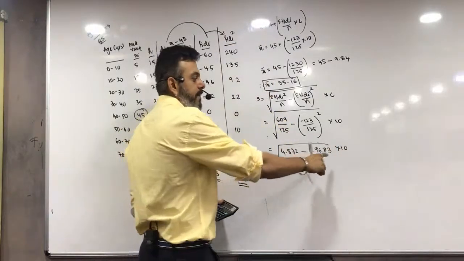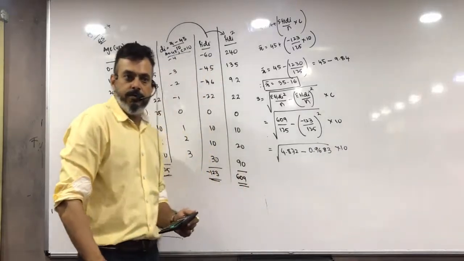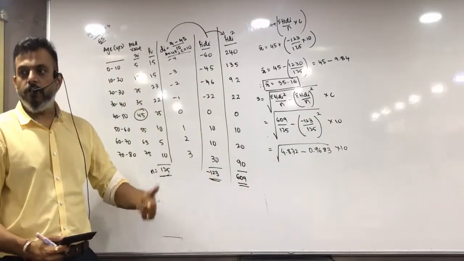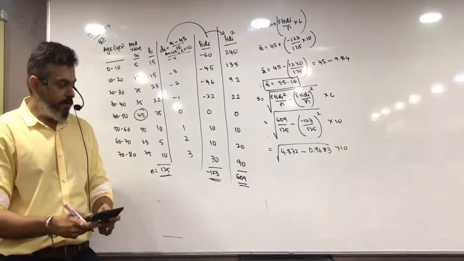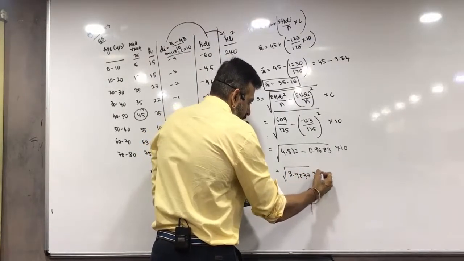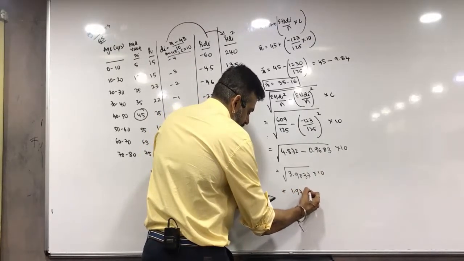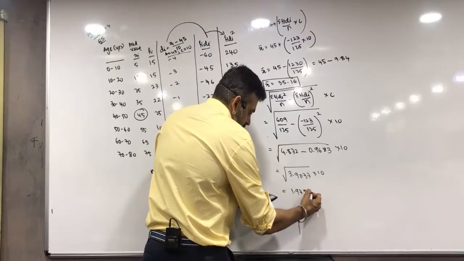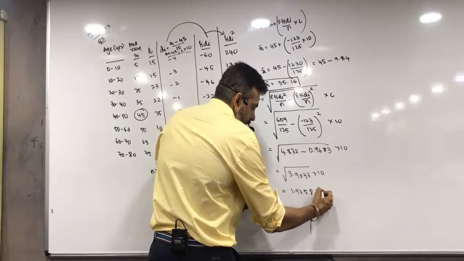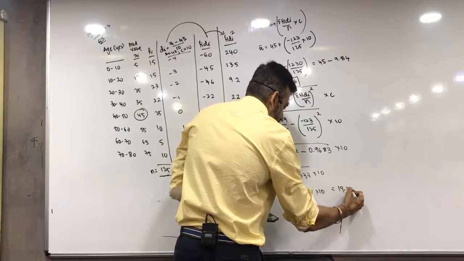Now since you are going to multiply by 10, even your fractional part may make a difference in the answer. That's why you go up to 3 or 4 decimal places. Under root 3.9037 into 10, 1.97577, so into 10, which is equal to 19.76.